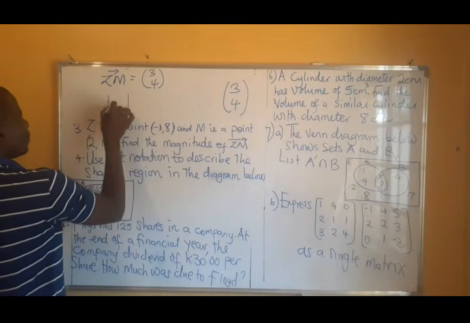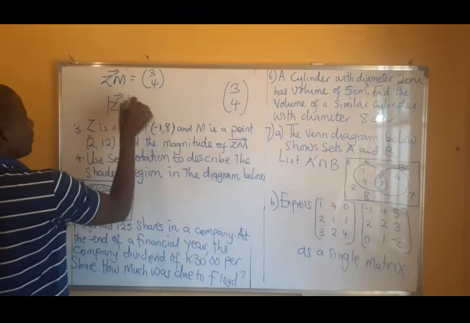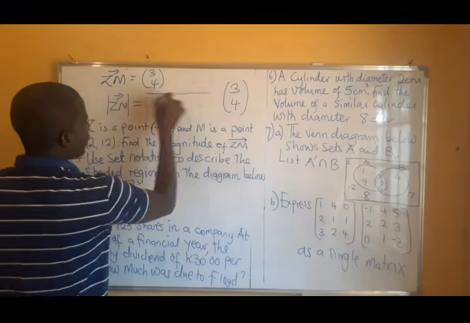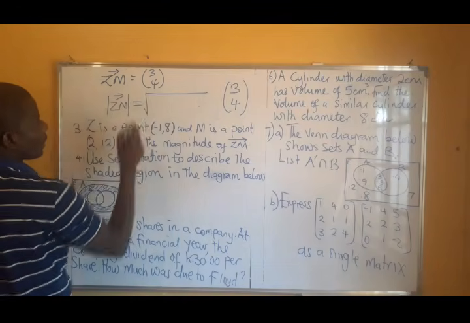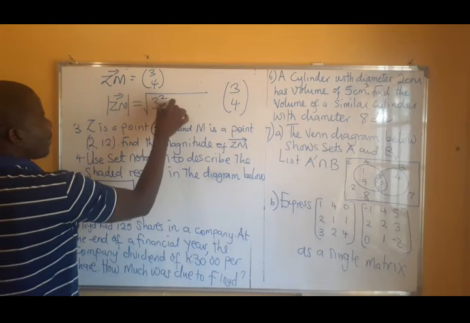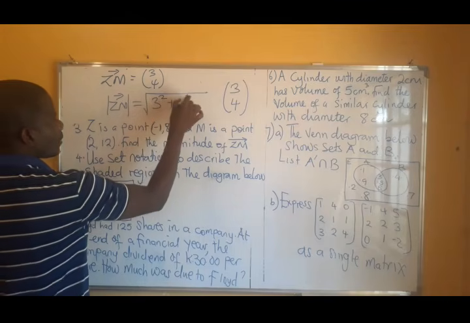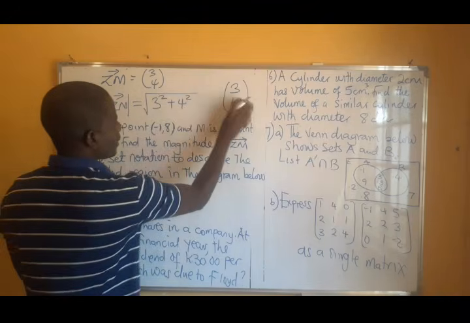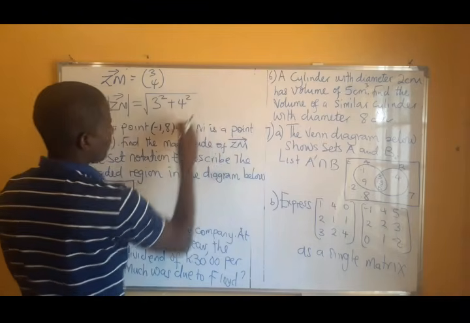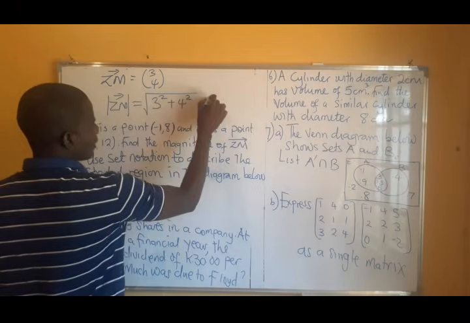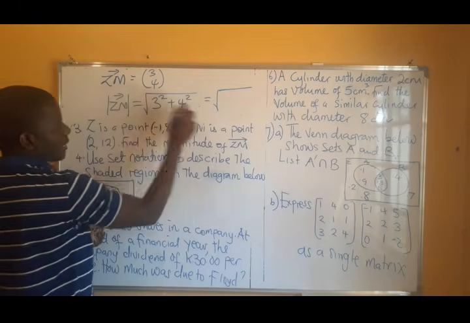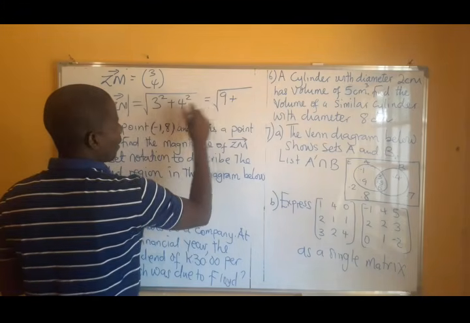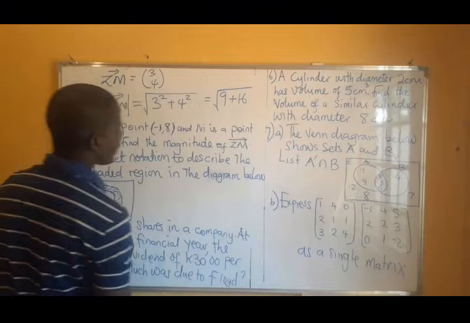The magnitude, which is the ZM. So for the magnitude, we need to find the square root of the sum of the squares of this one. So we're going to have 3 squared plus 4 squared. The square of 3 is 9 plus the square of 4, which is 16.